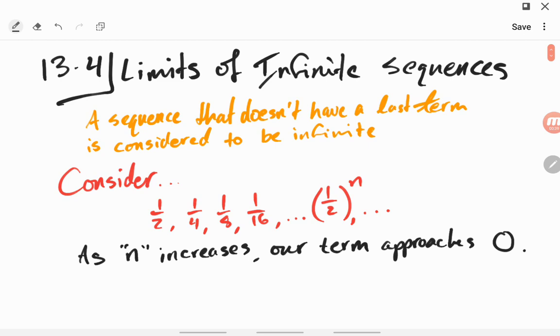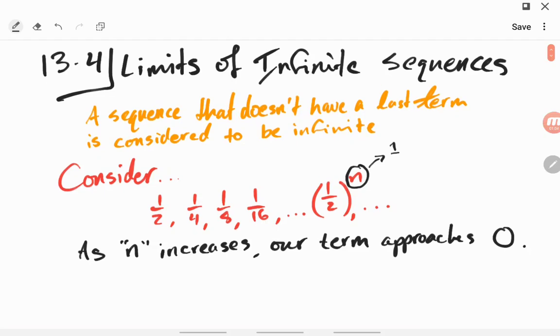So consider the one that I have here in red. I've got 1/2, 1/4, 1/8, 1/16, right? We can see that is just taking each previous term and multiplying it by 1/2. To find the first term, I could say n is equal to 1, to find t1, I would set n equal to 1.